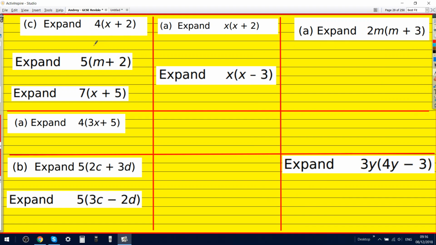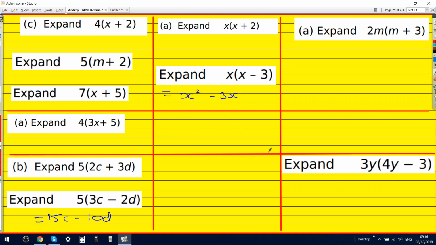Let's say bottom left. So okay, 15c minus 10d. Let's say this one, middle, bottom. So x squared minus 3x.